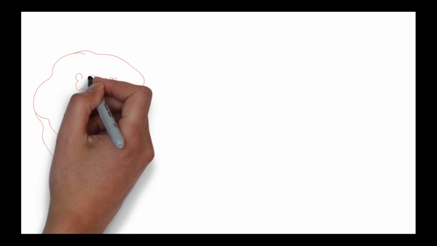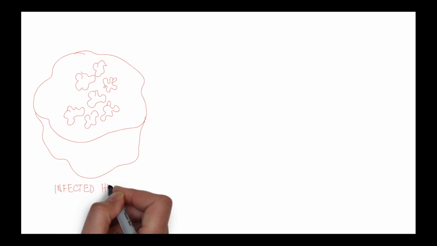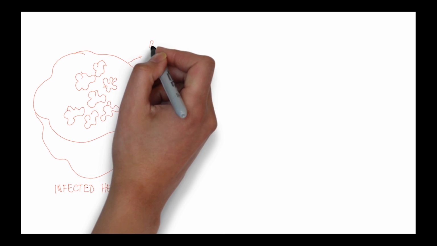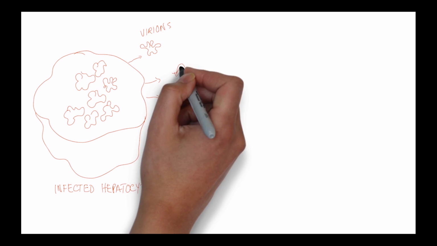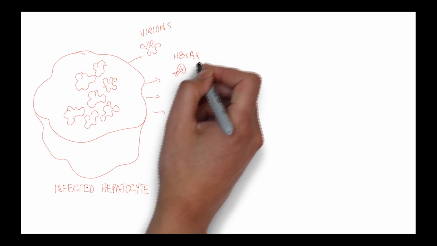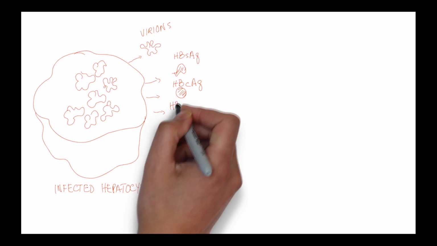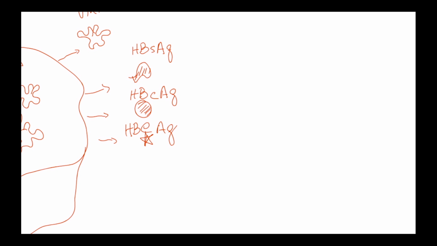So what happens is every time the hepatocyte secretes E antigen, then it breaks down as well and mature virions come out. With them, the broken particles of the viruses also come out, which will have hepatitis B surface antigens and which will have hepatitis B core antigens.